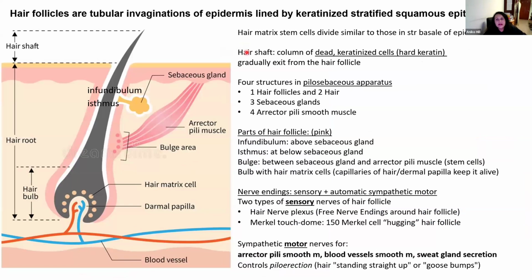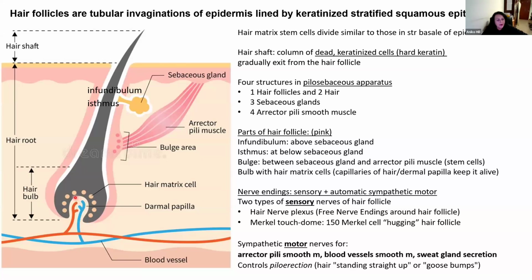Okay, so this slide is a little bit of review for you about the hair follicles, because hair follicles are also invaginations of the epidermis, of the keratinized stratified squamous epithelium that we covered yesterday. And what I wanted to just briefly cover for you is, let's go from the bottom up, the way it is growing.